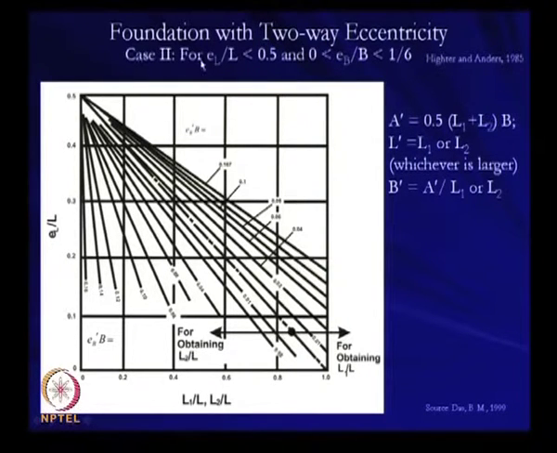But in case 2, we should know the value of L 1 and L 2. So, in that case, if I use this chart, then we can determine these values. This is taken from Highter and Anders 1985, they have proposed. Originally the source is taken from B. M. Das book, this chart. So, we can use this chart.